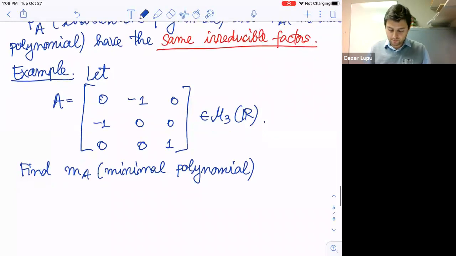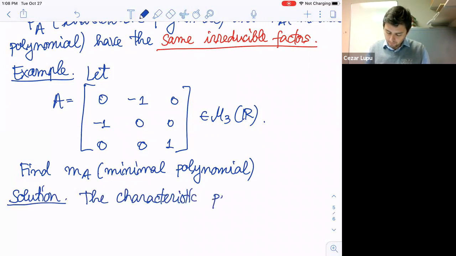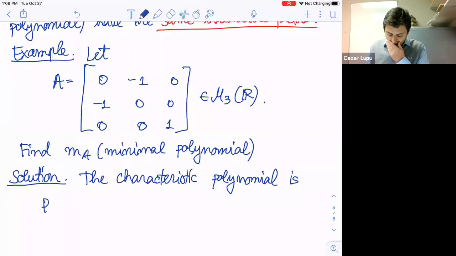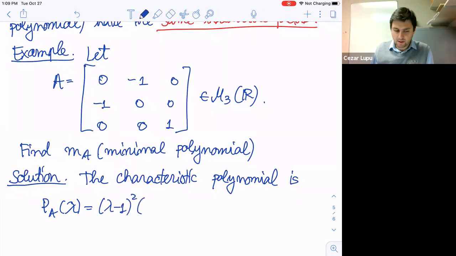The characteristic polynomial P of lambda will give us something like lambda -1 squared times lambda plus 1.